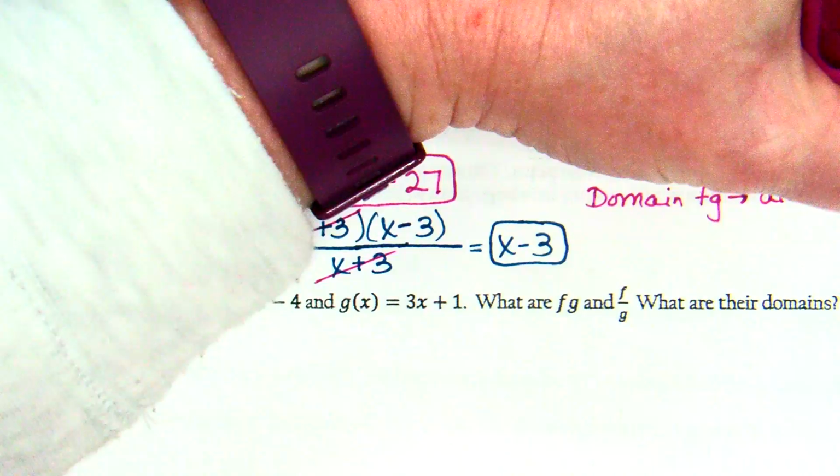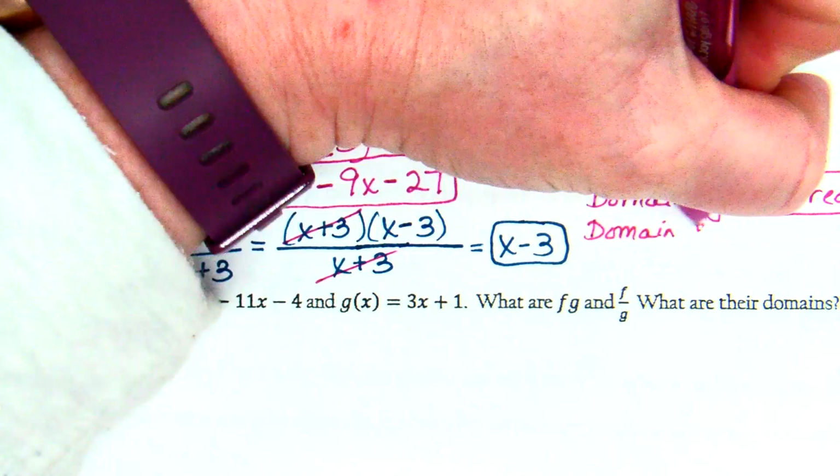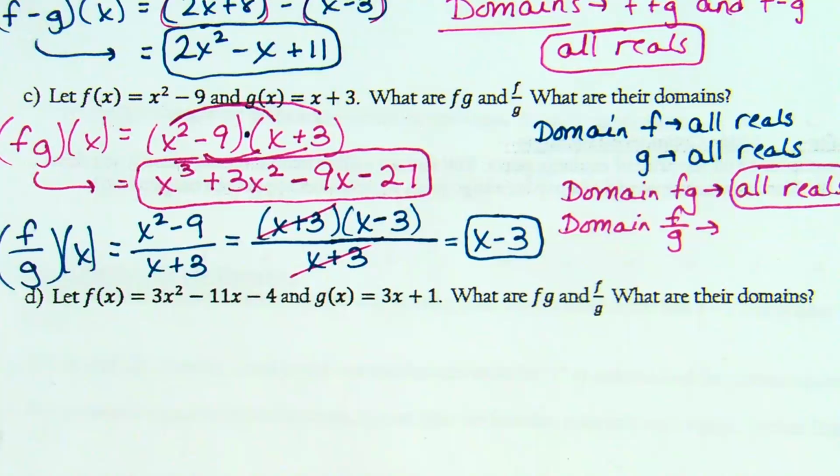Now, the question becomes, and I had to separate this out for a reason, the domain of F divided by G. Sorry, that says all reals off the edge of the screen there, I promise. Okay, F divided by G. Well, again, F was all reals. G was all reals. How did F divided by G start off?